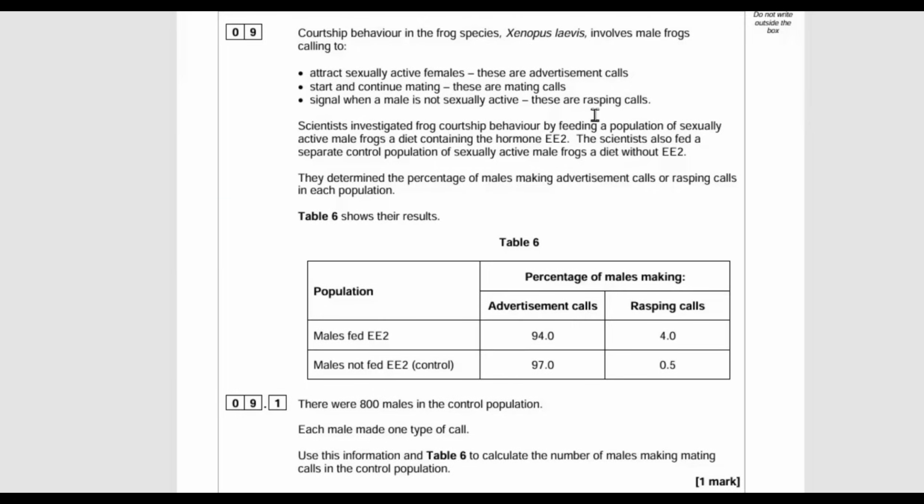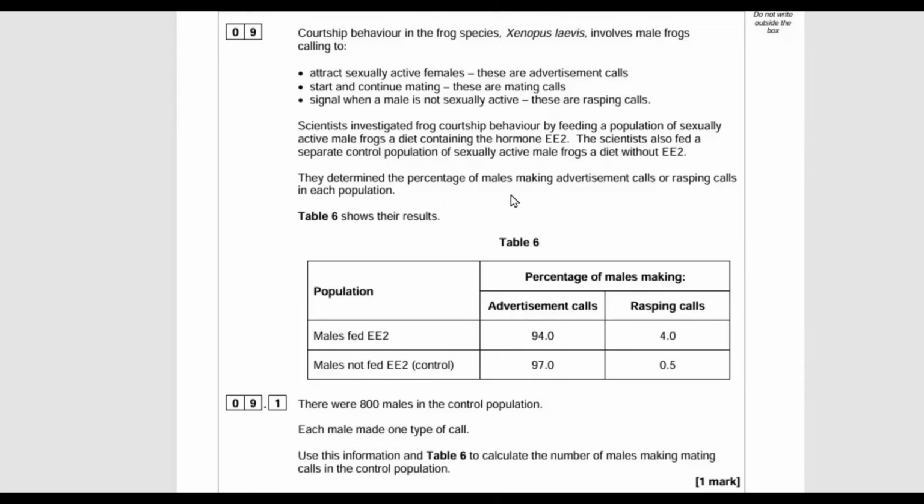That's the rasping call. Scientists investigated frog courtship behavior by feeding a population of sexually active male frogs a diet containing the hormone EE2. The scientists also fed a separate control population of sexually active male frogs a diet without EE2. So they used two lots of sexually active male frogs, ones with the hormone EE2 and ones without.